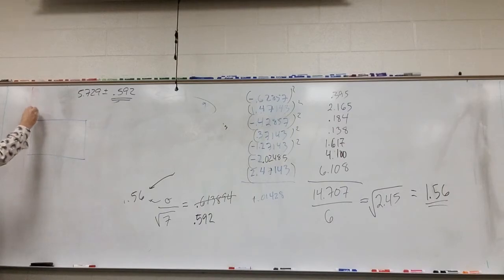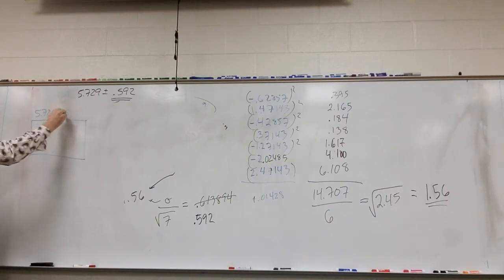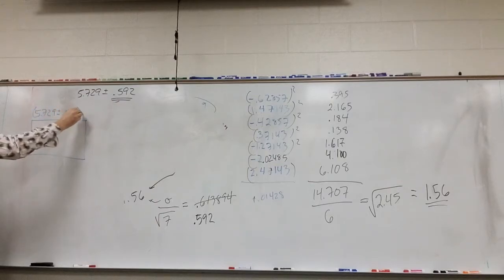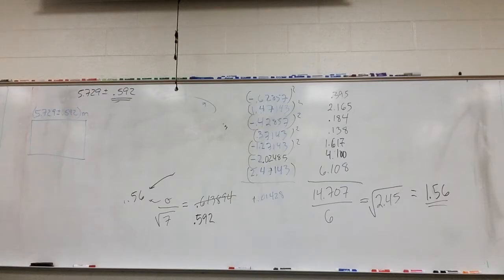So we have our table, and this is 5.729 plus or minus 0.592 meters. Let's give it units. It's a really long table. And we'll say that we've done another set of measurements, and we came out with 3.168 plus or minus 0.129 meters. So that is my length, and that is my width.